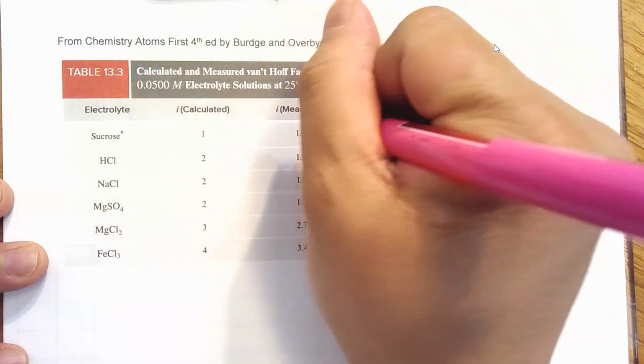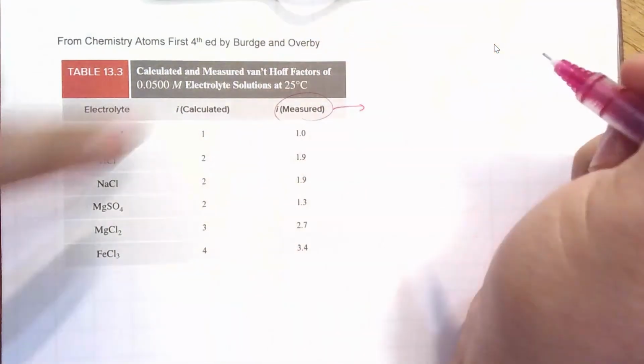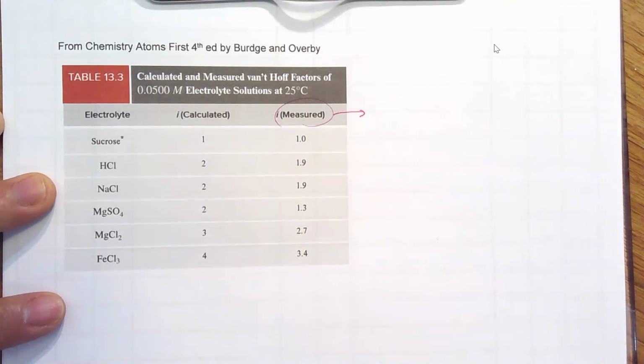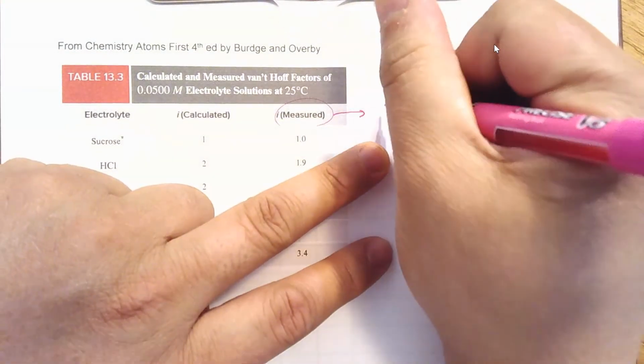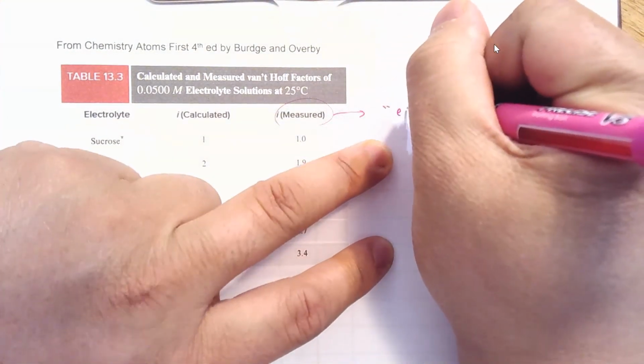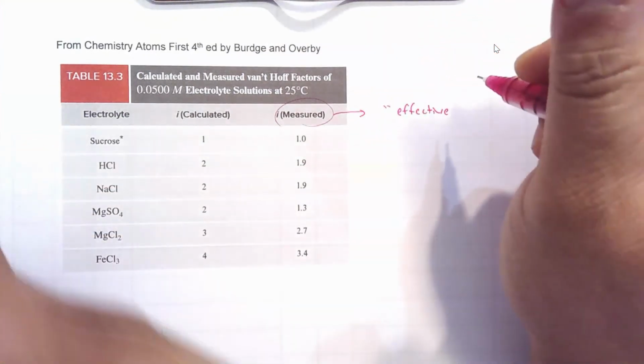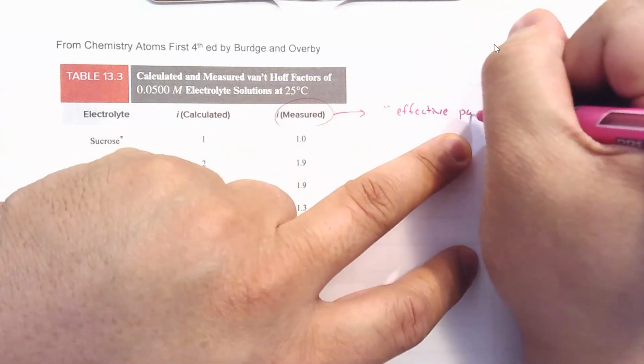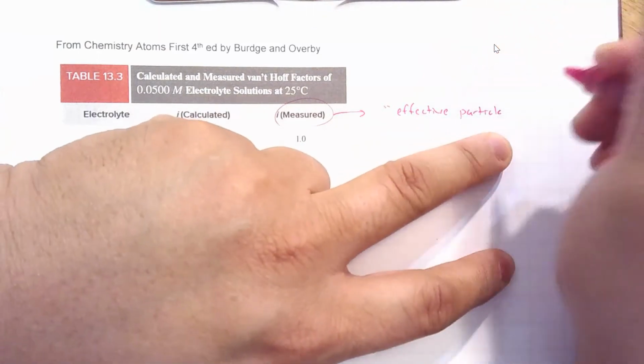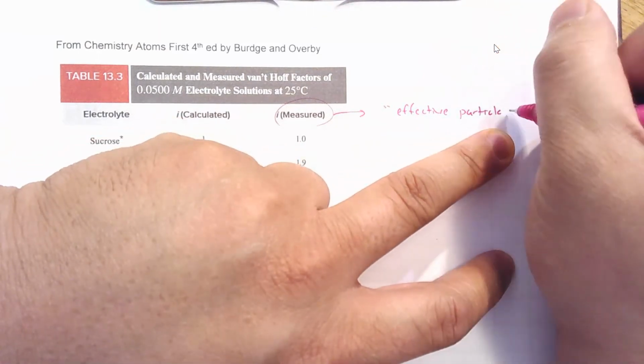So this measured one, you could call it the Van Hoff factor, but sometimes the textbook will call it the effective particle number. Like what does it truly do in solution? How does it truly act?